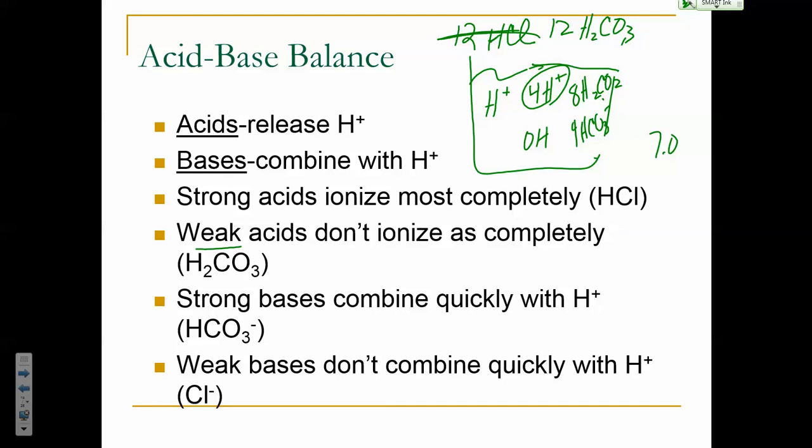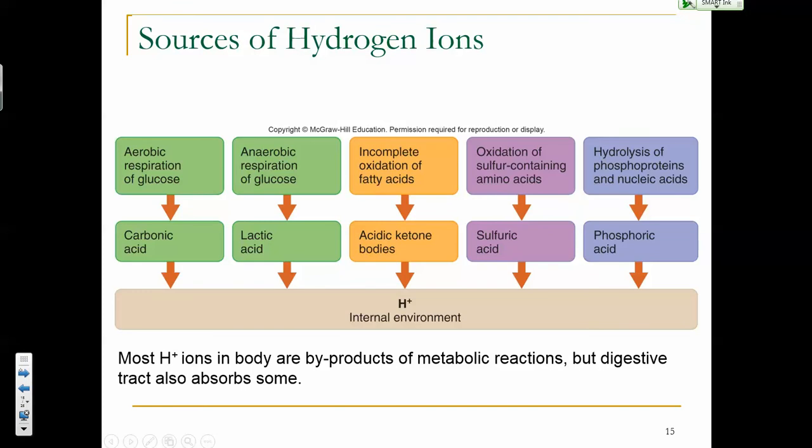Even though we produce acids all the time and we produce bases all the time, we have mechanisms that help prevent drastic changes of pH so that our pH levels stay like they need to. You might be surprised at how many acids you produce on a daily basis.